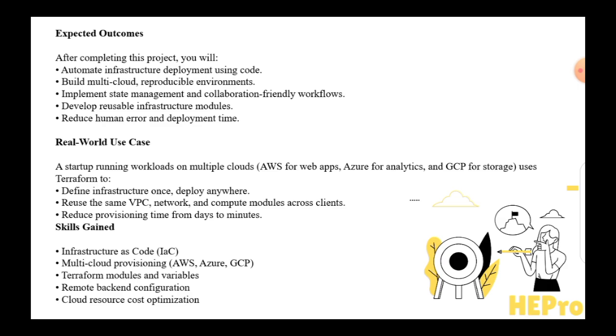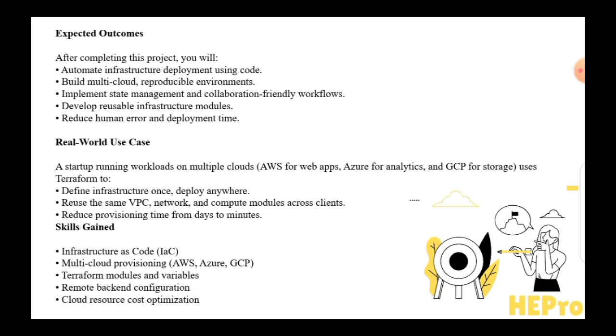By completing this project, you will automate infrastructure deployment using Terraform, enabling you to build multi-cloud, reproducible environments efficiently. You will implement state management for team collaboration, develop reusable modules, and drastically reduce human error and deployment time.